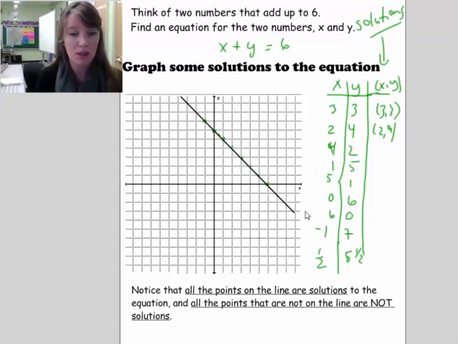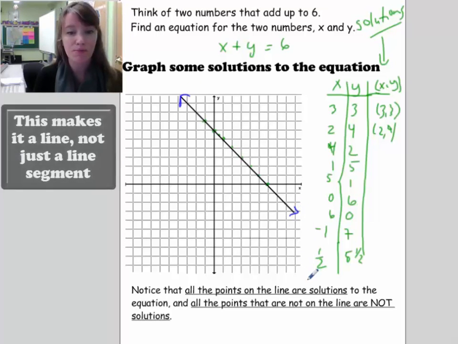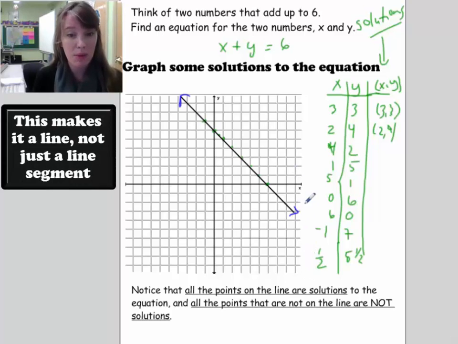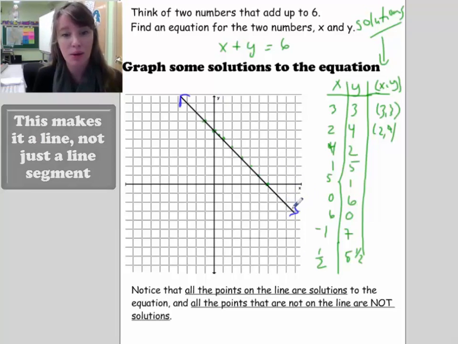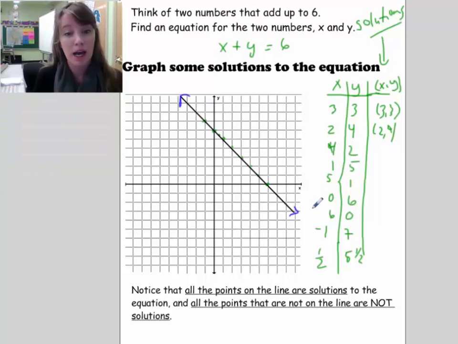Always extend your line to the edges of the graph paper that you have. And I'm going to place arrowheads on the end of the line, indicating that this line continues on forever, making sure that it's a line instead of a line segment. A line segment has 2 endpoints, and a line goes on infinitely in both directions.